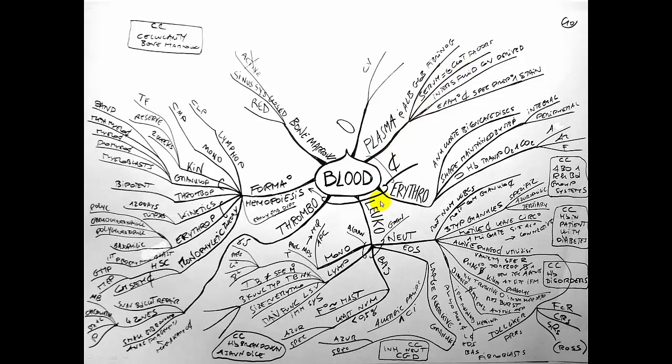Things that help you remember what it is about that you need to know. And then, of course, you would want to go on to nursing process and, what kind of things are you going to assess? What diagnostics do you need? So on and so forth. That's going to help you determine how to care for a patient with disorders of the hematologic system.